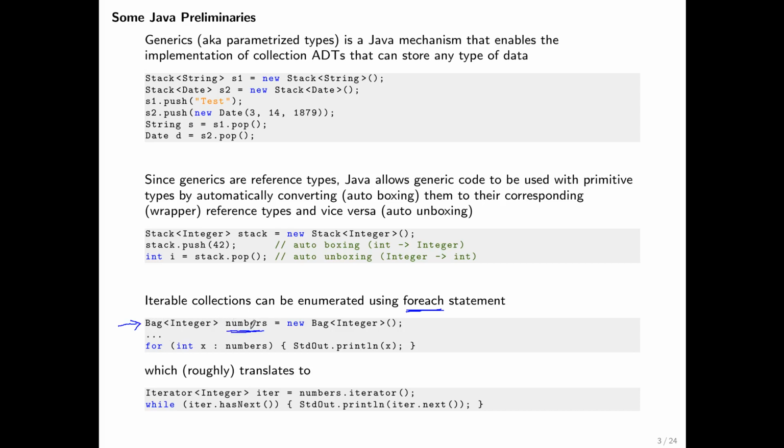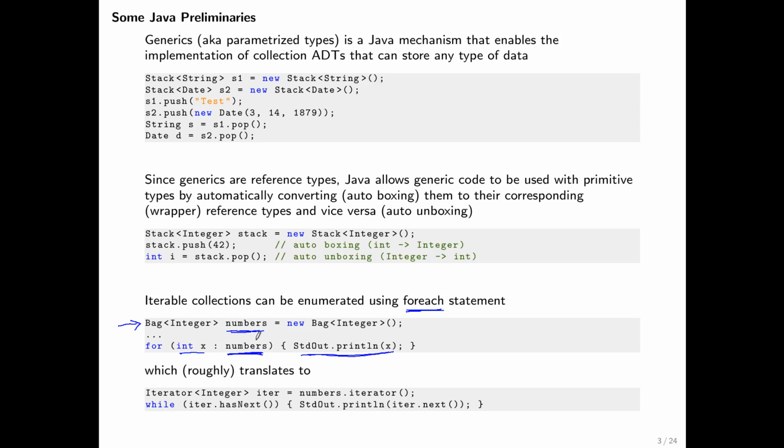Okay, so let's say after building this bag object, we throw in a whole bunch of elements into it, a whole bunch of integers. And then if we want to print out the items, the elements of bag, we can use the enhanced for loop, okay, which is what we are doing here. So this is the for each statement where we say for each integer in the iterable object, so numbers is an iterable object of type bag, we're saying for each integer in that object, simply print out that integer, okay.